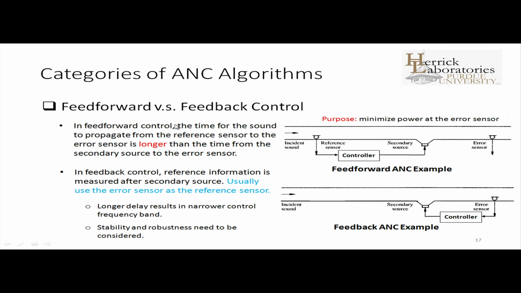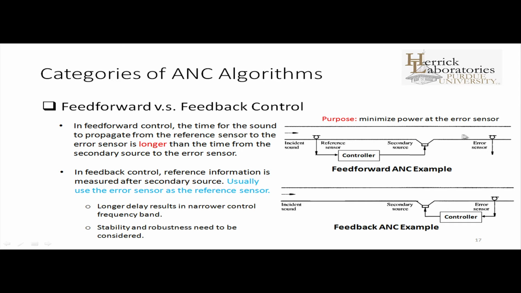There's also an issue of feed forward versus feedback. Control, I'm not a controls person, but controls people love feedback control, right? So there's this continuing impulse to use feedback control, but that is not so useful when the signal that you're trying to cancel is continuously changing, right?